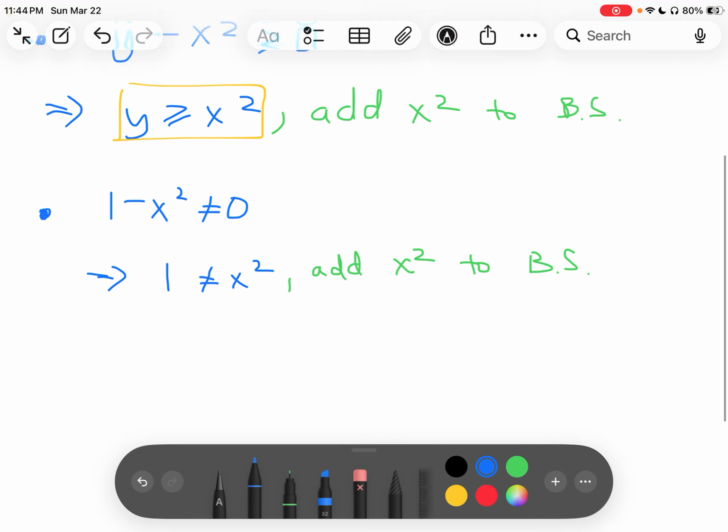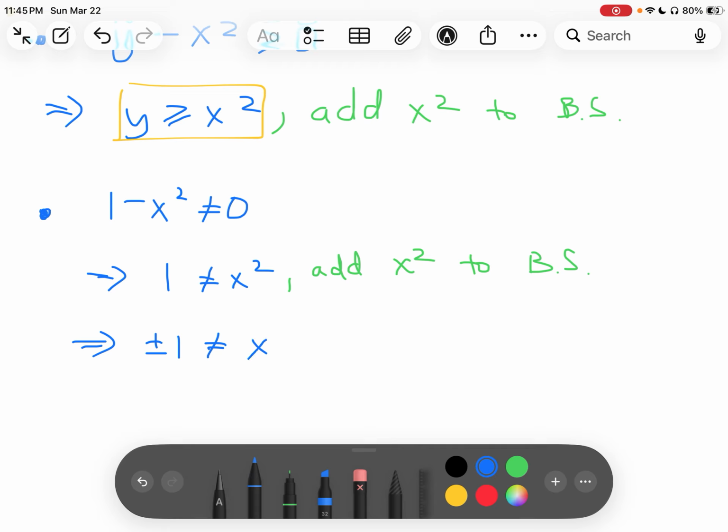Then the next thing I'm going to do is take the square root of both sides to solve for x. When we take the square root, we always have to consider the positive and negative. So we have plus or minus 1 is not equal to x.